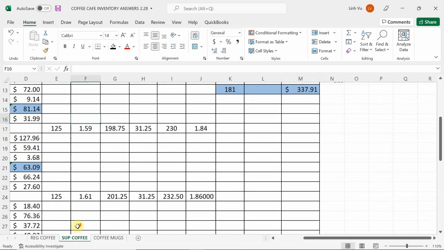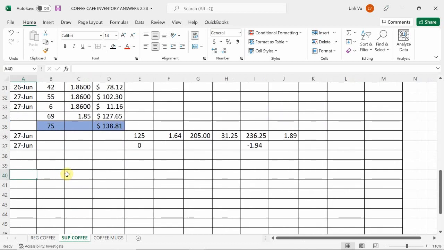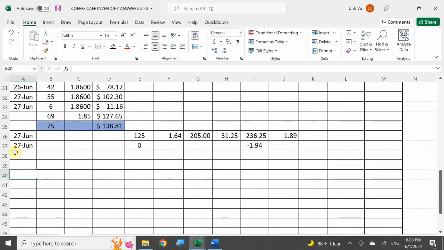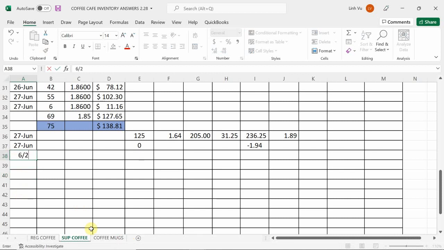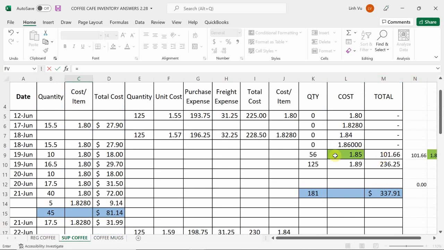Okay. But for my Supreme coffee, let's see, I end up using also 40 pounds. But this time, let's take a look at what batch of inventory I'm going to be using. In this case, I have 56 pounds left. It is not going to be at $1.85 because we took the discount, right?